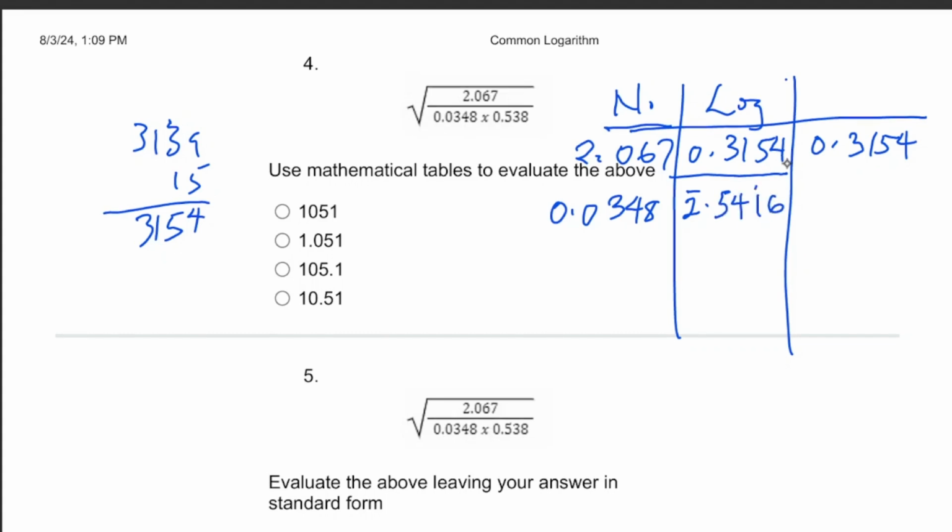The next one we have there is 0.538. So this will give you about 1 point. So check 53 under 8. That is 7308. Then what we have between them is times.